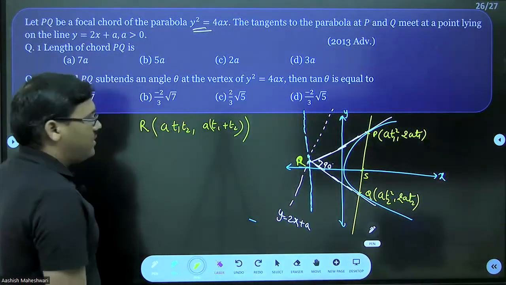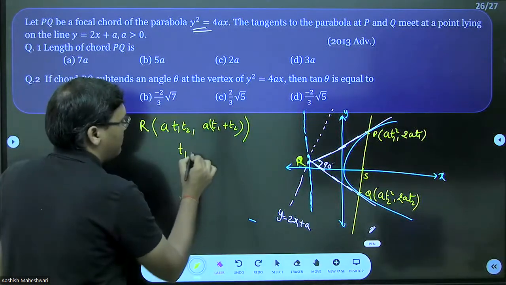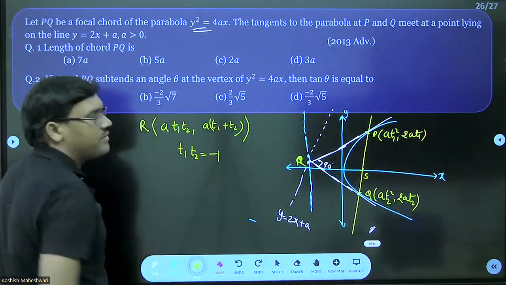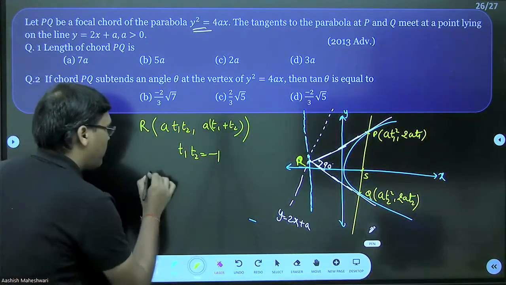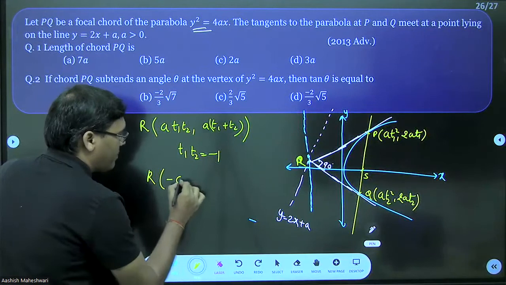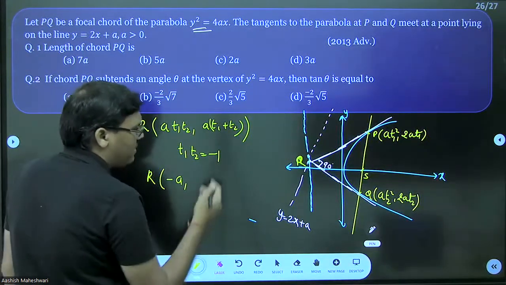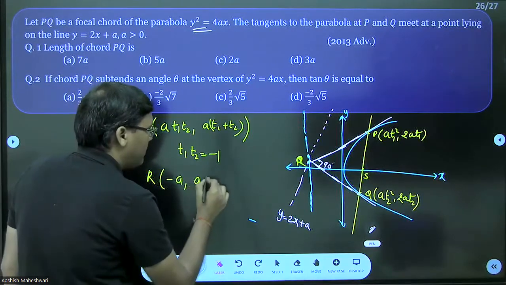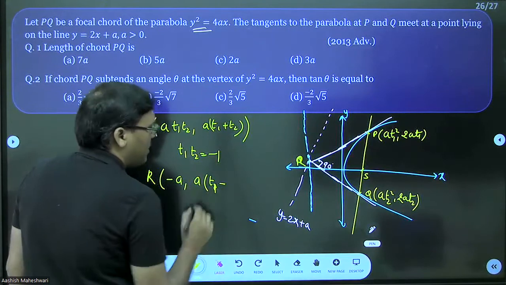Important point, right? Now, if this is a focal chord, we know what t1 t2 is. t1 t2 is equal to minus 1. So you can see this point R is (-a, ...), and I can reduce one variable here. This is a(t2 + t1), and what is t2?